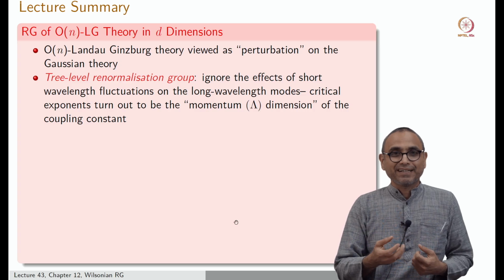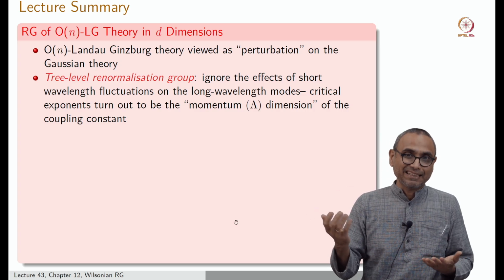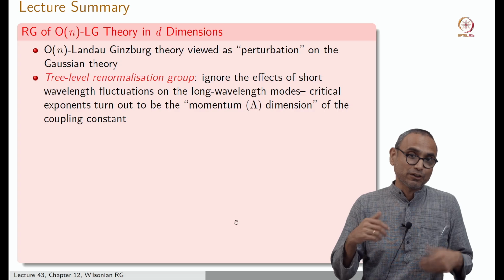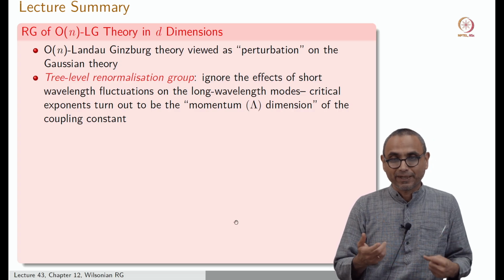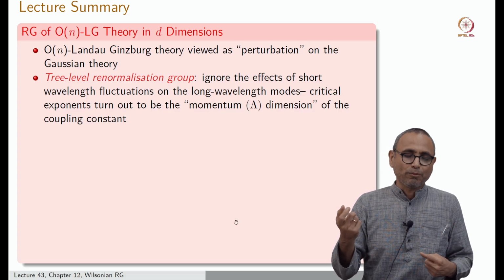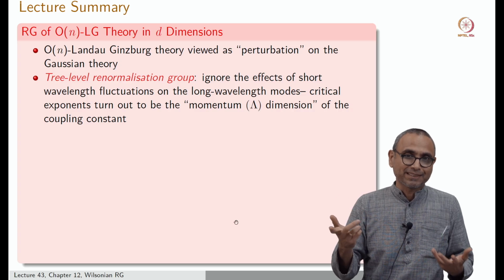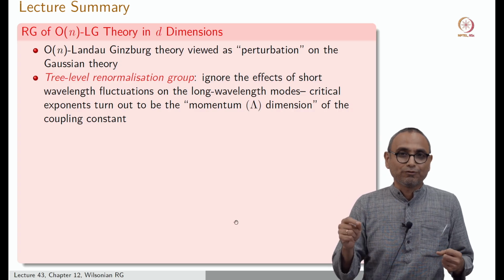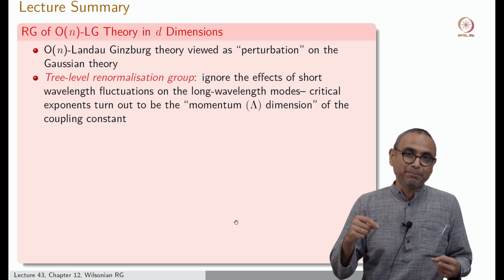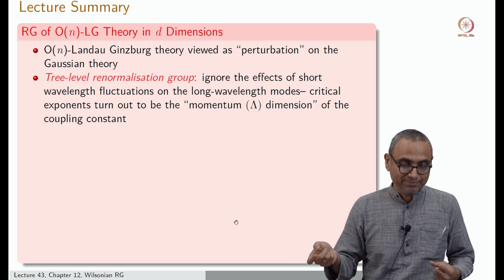So if the coupling constant of an operator has dimension lambda to the power 3, then the flow of that coupling, dg by dl, will be 3 times g, right?